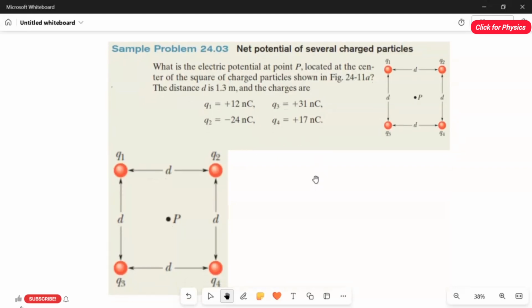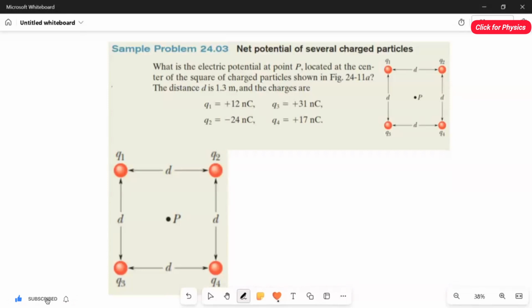So in this question, we have to find what is the electric potential at point P. And also they clearly mention all these four particles will form a square structure. Clear? So in a square, all sides are equal.